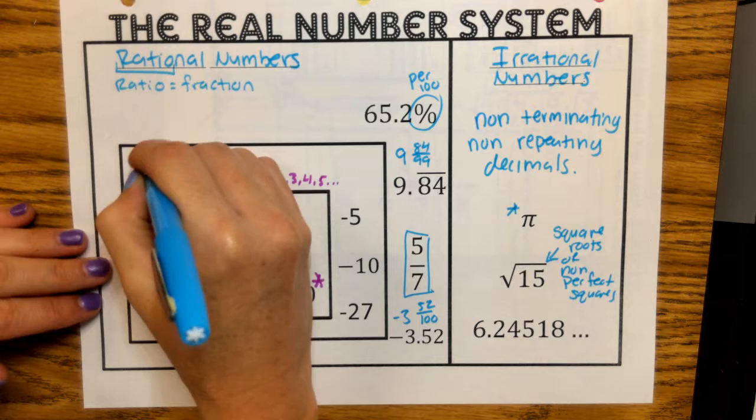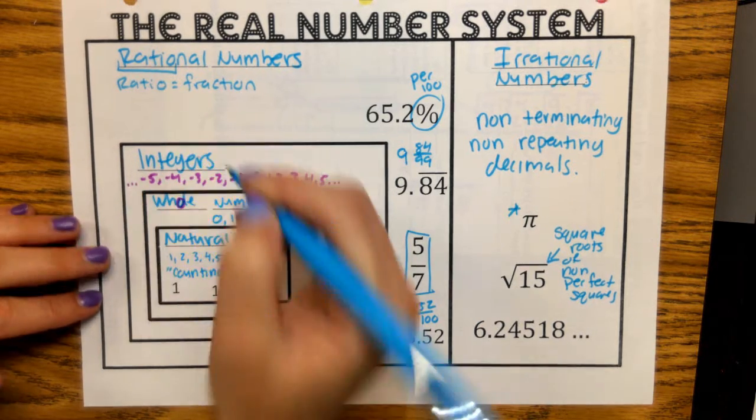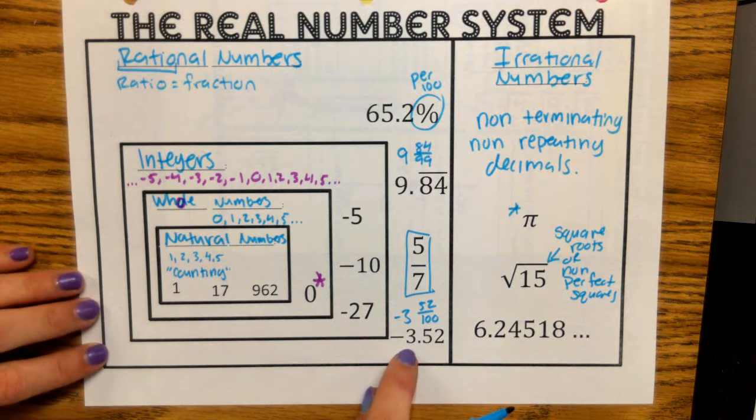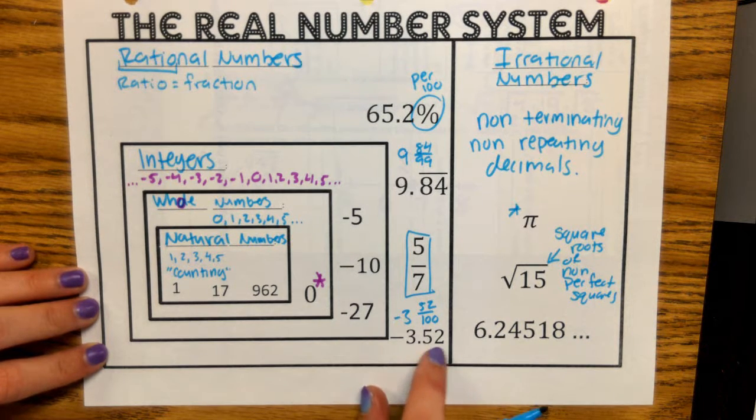Or integers. So integers are whole numbers and their opposites. That's the official definition. But you need to know that integers include negative whole numbers. Integers do not include all negative numbers, though. -3.52 is a negative number, but it's not an integer because it has this fraction piece to it.